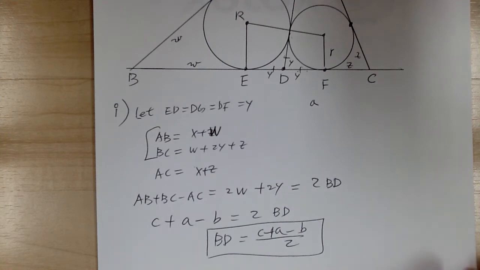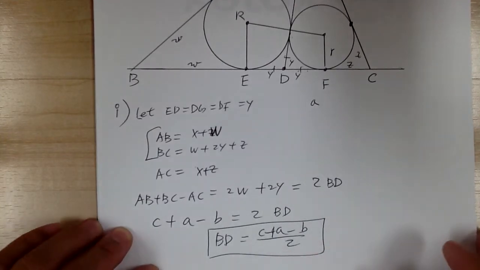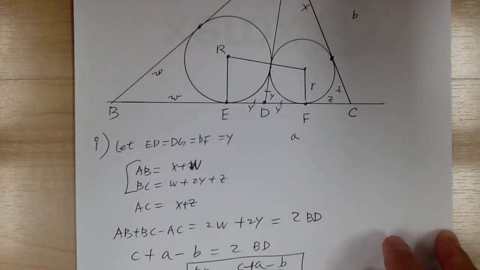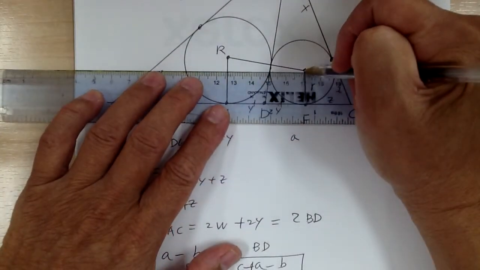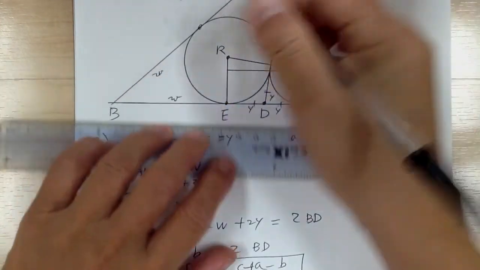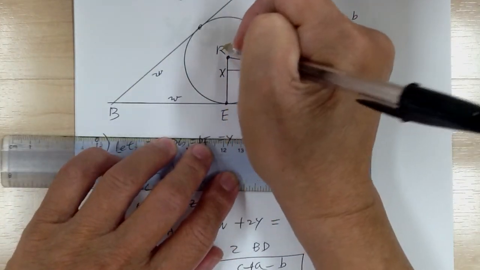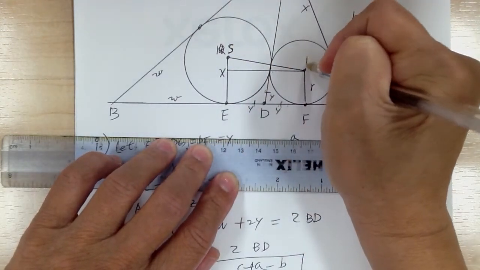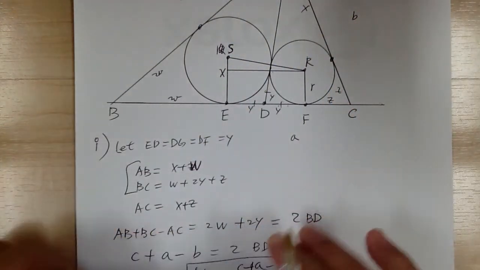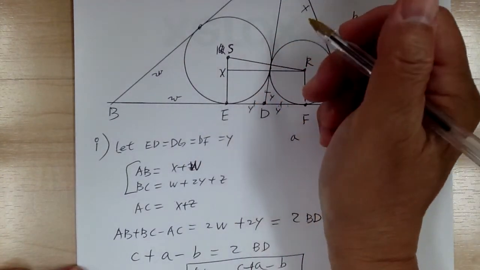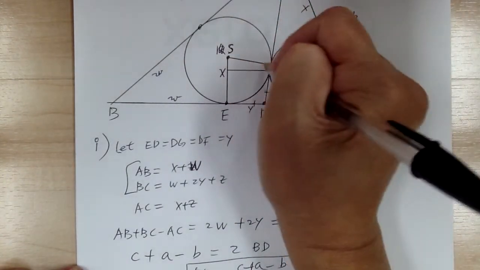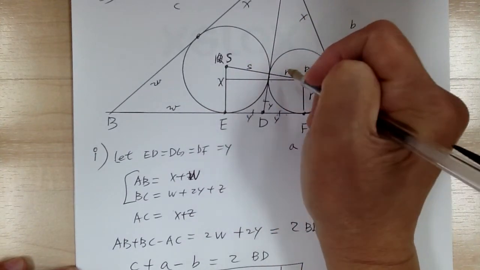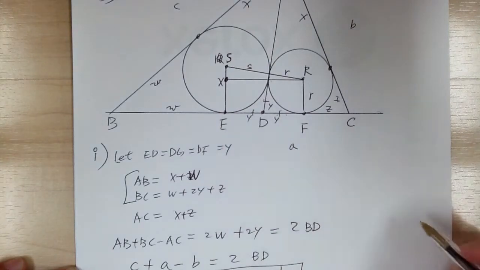Okay, for the next part, we're going to draw this over, and we're going to call this X over here. This is the S, and this is the point R. So the radius of the big circle is S. The radius of the small circle is R. And this is the point X over here.